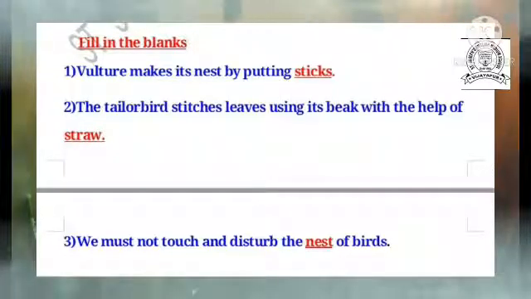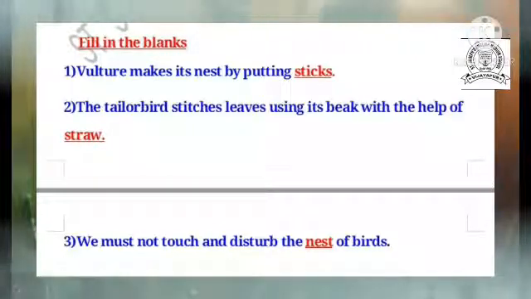A vulture makes its nest by putting sticks together. The answer is sticks. Now the second one, the tailor bird stitches leaves using its beak with the help of what? Tailor bird stitches the leaves by using its beak with the help of straw.